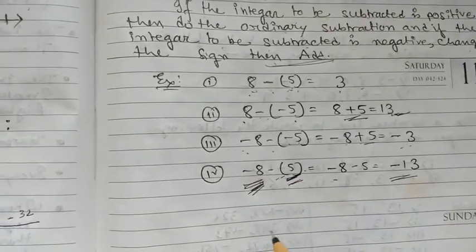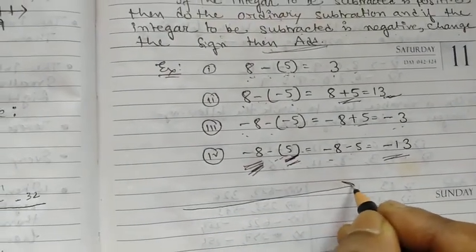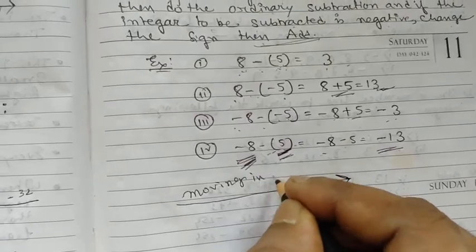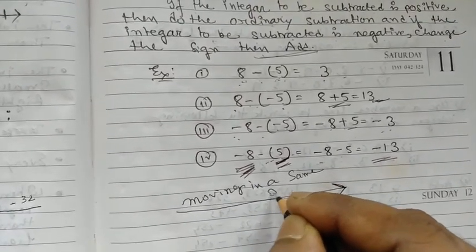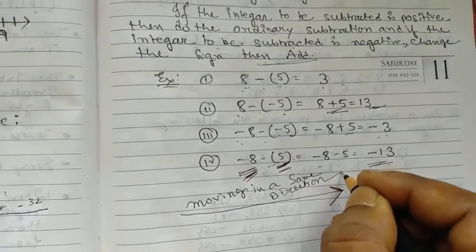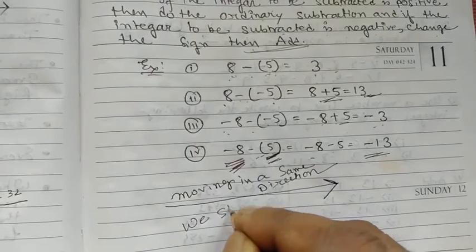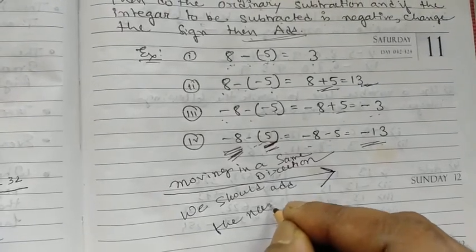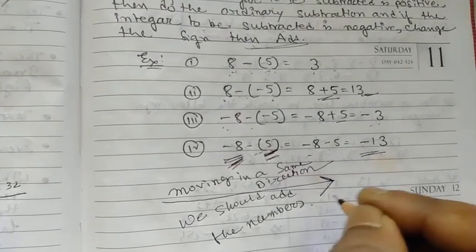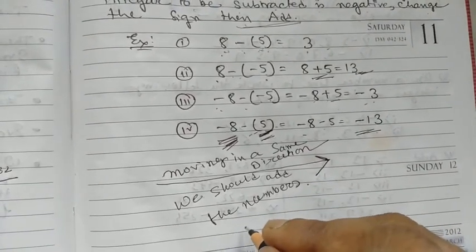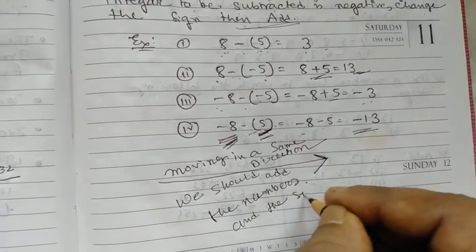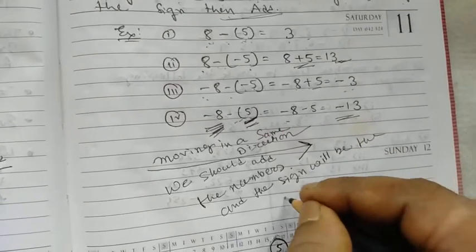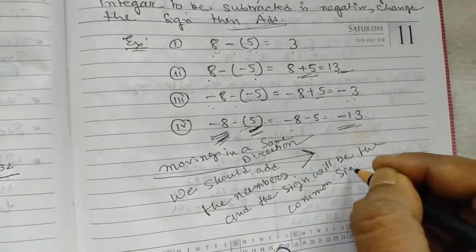So what is the simple way? When both the numbers are moving in the same direction, then we should add the numbers, and the sign will be the common sign.